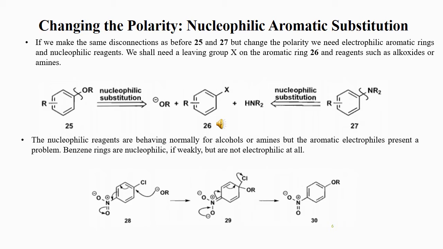So when a nucleophile will come on the benzene ring, the benzene ring should be a bit deficient in electron density, a bit of positive character should be with the aromatic ring. For that, if there are electron withdrawing groups on the benzene ring, that will make it potent for nucleophilic substitution.